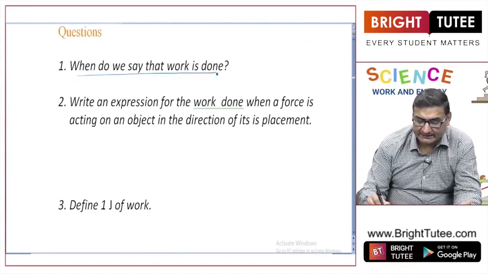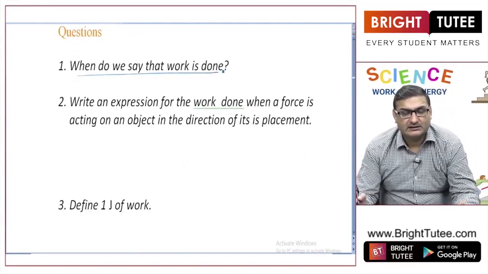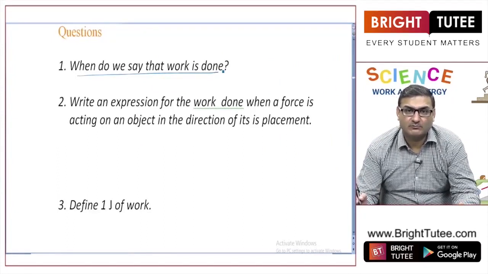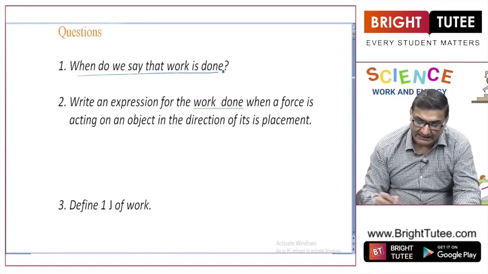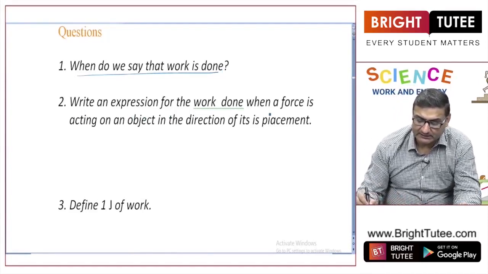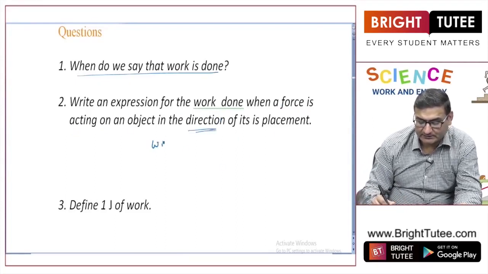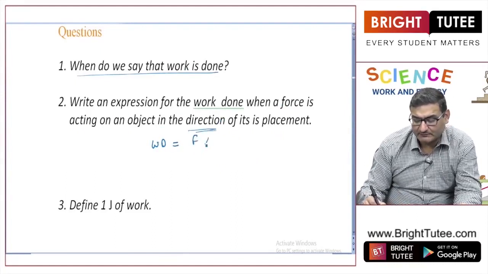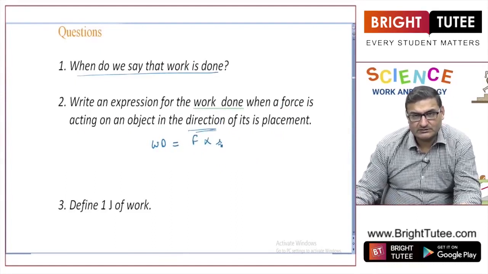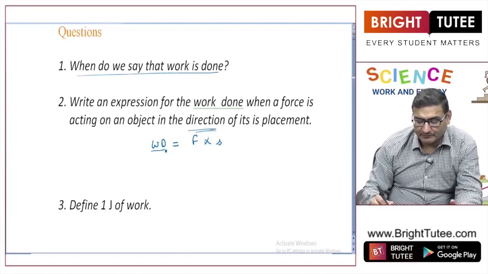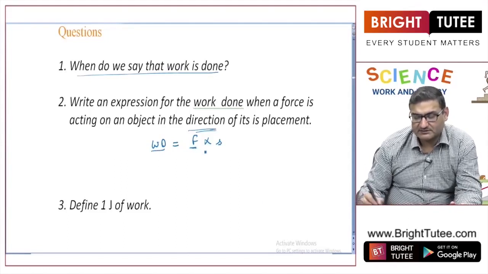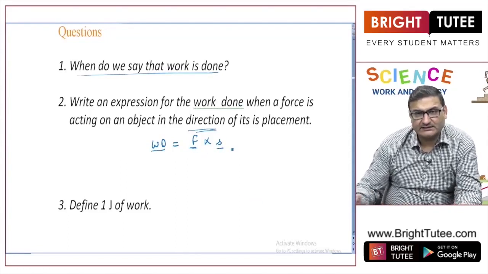When do we say that work is done? We say that work is done when a force produces motion in a particular object, right? Write an expression for the work done when a force is acting on an object in the direction of its displacement. So what is the expression of work done? Simply, work done is equal to the product of force and distance, where WD is the work done, F is the force and S is the distance moved.